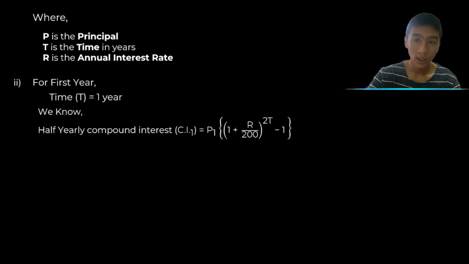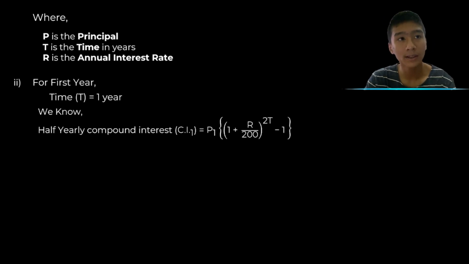T is the time in years, and R is the annual interest rate. For the first year, T is equal to 1 year. We have been asked to calculate the compound interest for the first year, the half-yearly one. So half-yearly compound interest CI1 is equal to P times (1 plus R by 200) whole to the power 2t minus 1.